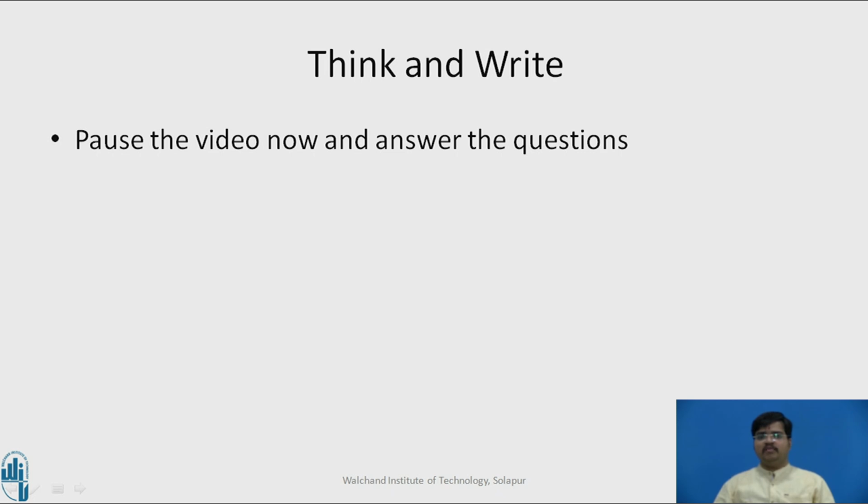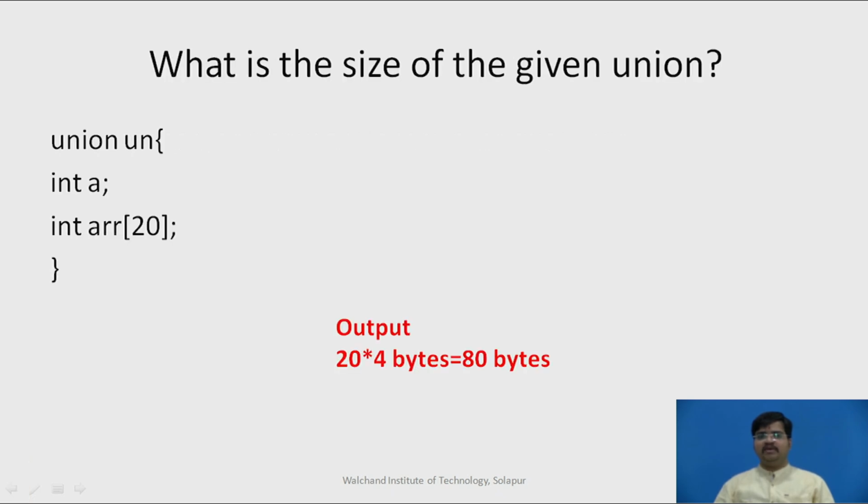Hope you have solved the problem. The answer for this is: the output will be 20 into 4 bytes, which is equal to 80 bytes. How is it calculated? We have seen the concept that the union size depends on the size of the largest variable.